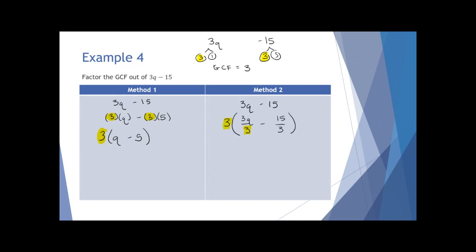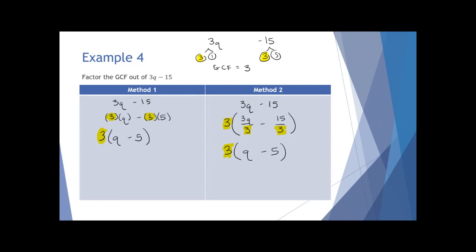I have my GCF in front, and then I'm dividing each one by the GCF. And then I simplify. 3 divided by 3 is 1, so I just have a q. 15 divided by 3 is 5. So you get the same answer, and it basically takes the same number of steps. It's just a matter of which one makes sense to you and the way that you think.